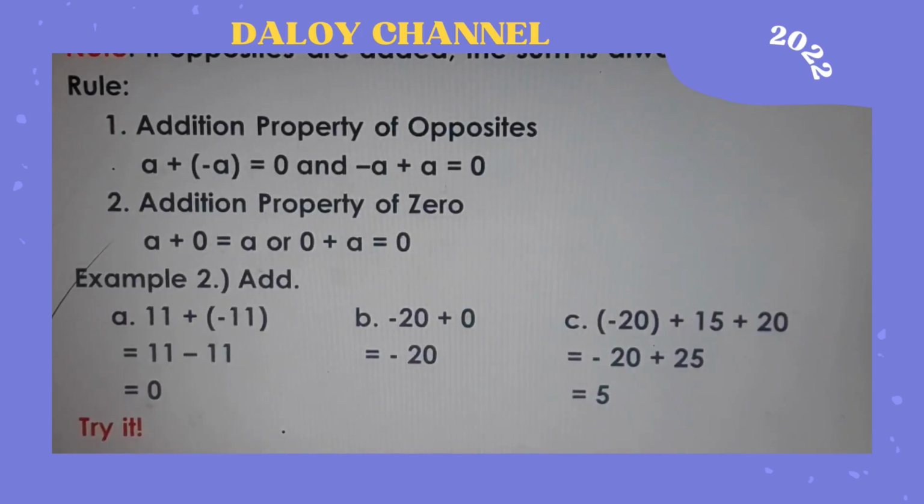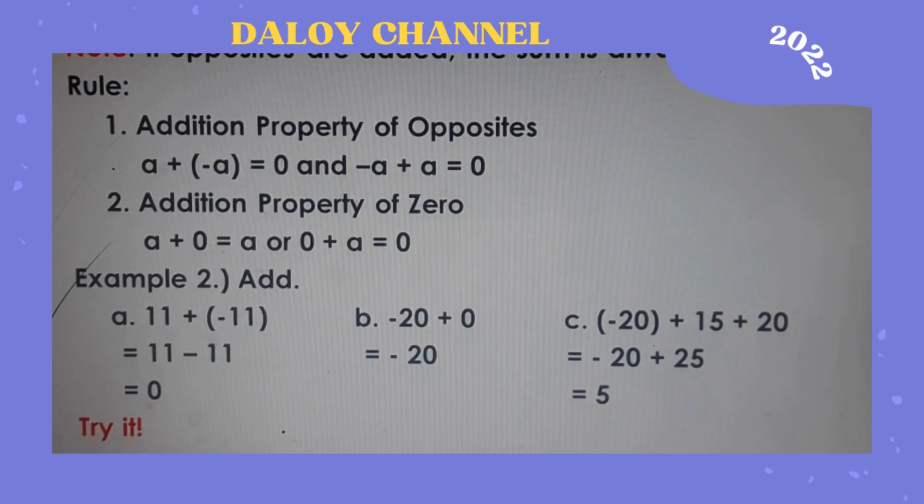Notice that if opposites are added, the sum is always 0. Meaning, the same number with opposite signs, the answer is 0.